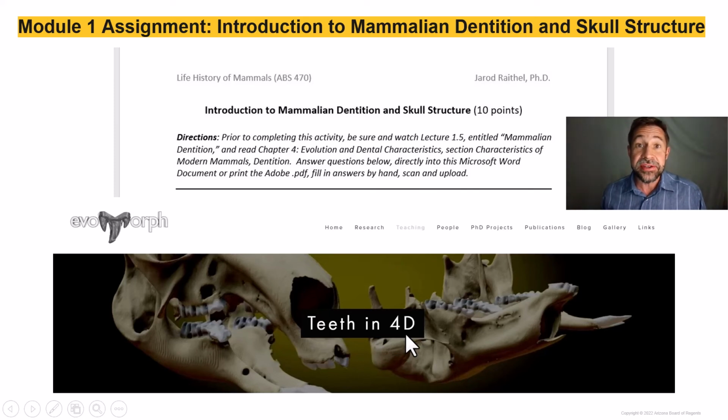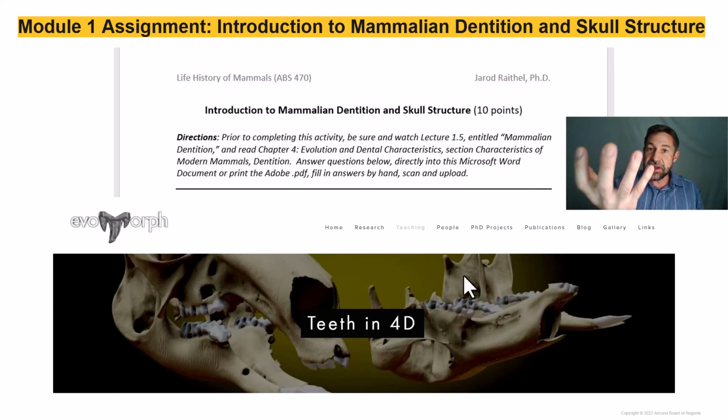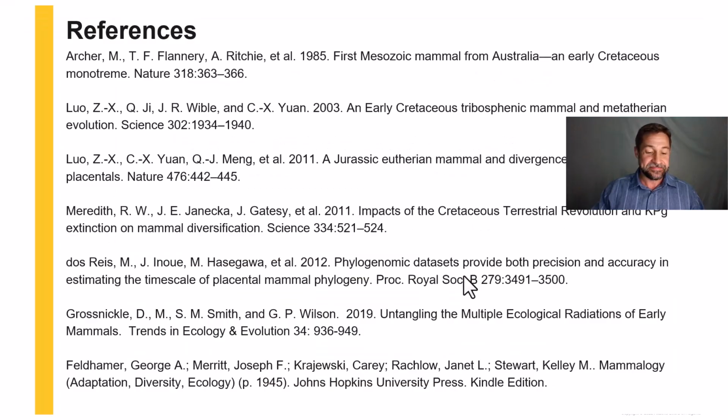It's Dr. Evans' lab from Monash University, and it's got these amazing digital models that allow you to manipulate them in any direction that you want. They're in 4D because they're moving, so it's going to be really helpful for you in working on dental formulae. It's the next best thing to actually holding the skull in your hands.